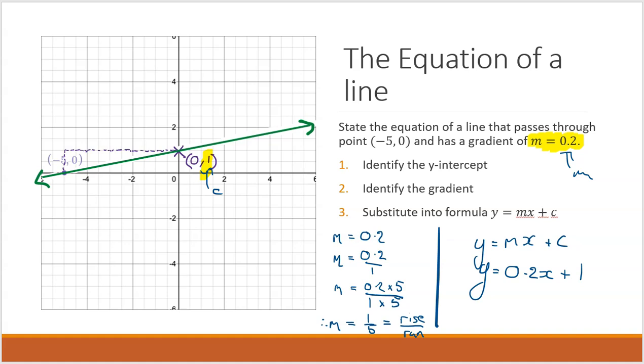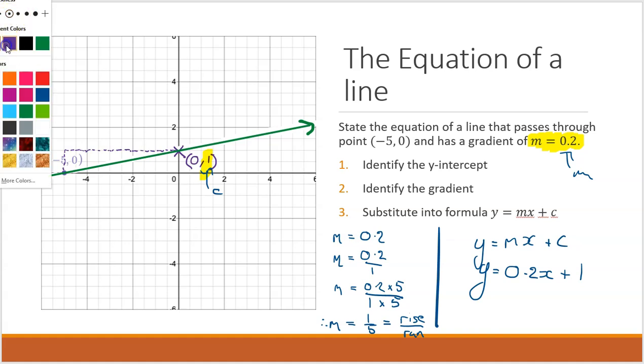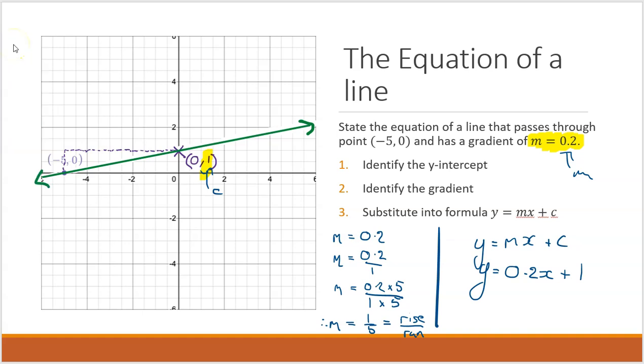So the equation for this line, when I annotate it in purple, is simply going to be y equals 0.2x plus 1.